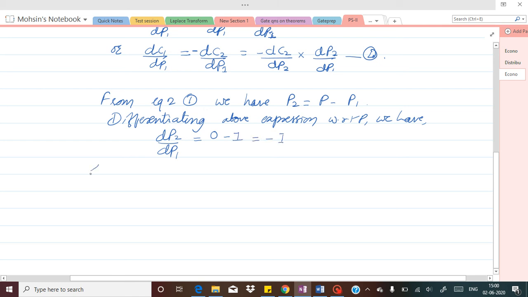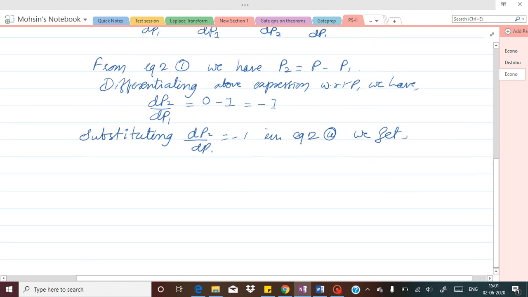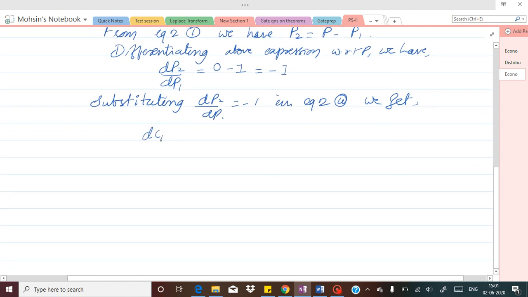So substituting this expression of dP2 by dP1 equal to minus 1 in equation 4, we get, the left hand side term is dC1 by dP1 and the right hand term was minus dC2 by dP2 into dP2 by dP1, so that is now replaced by minus 1.